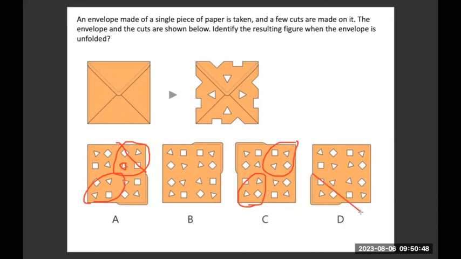So if I were to draw that line here, are you able to get my issue when I draw this line? So in this case, if I were to close this flap inside, that triangle, in case of D, this triangle will look something like this.